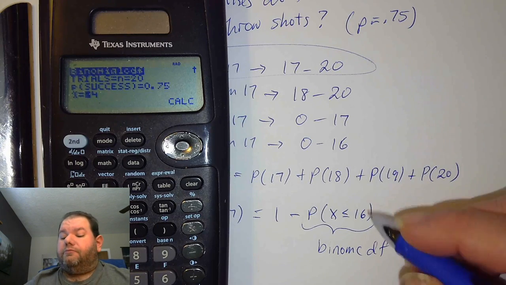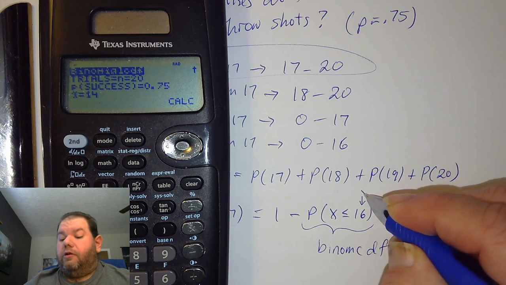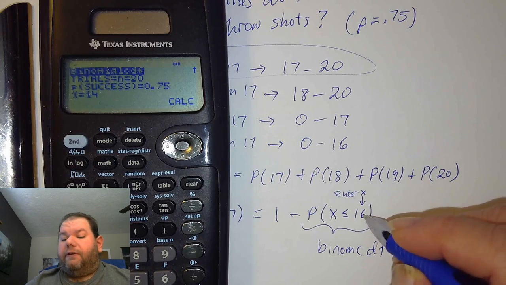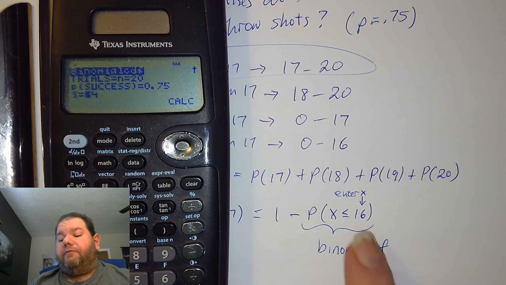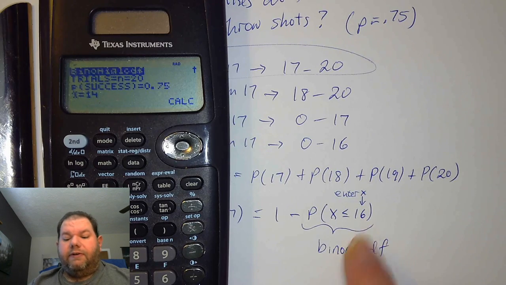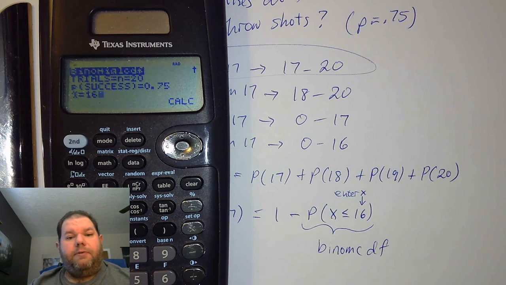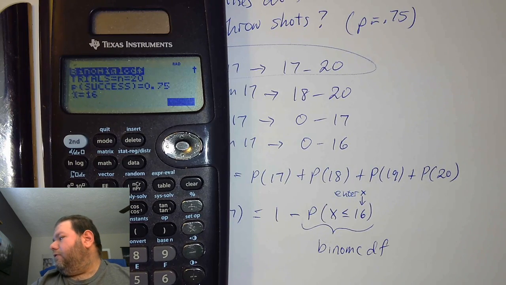Well, we enter x as 16 in this case because we want everything less than or equal to 16. Okay? So this will find the probability of everything from 0 to 16. Whatever x value we enter, it finds the probability of 0 up to that number. Okay? So press enter, calculate.